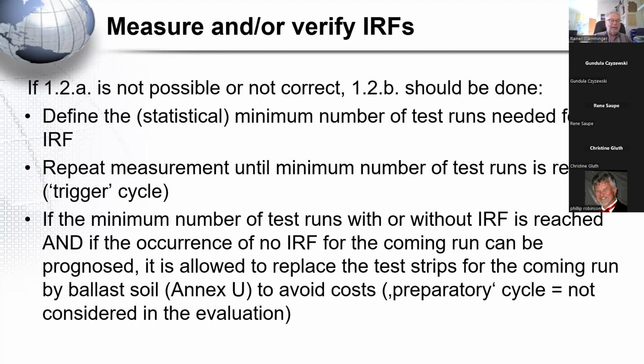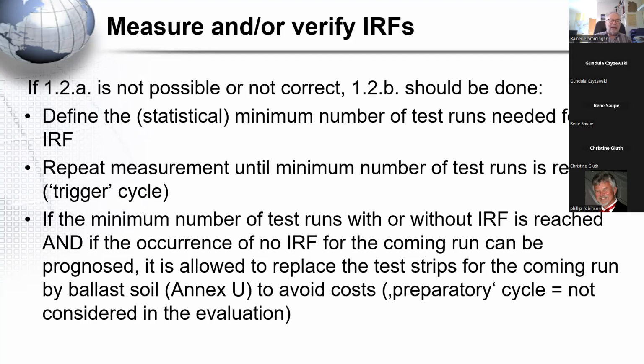So for this case, we have introduced an allowance in this standard to make these tests a bit less costly. And this means that when you are able to anticipate when is the next trigger cycle to come, then you can run the cycles which are in between, which are called here preparatory cycles.